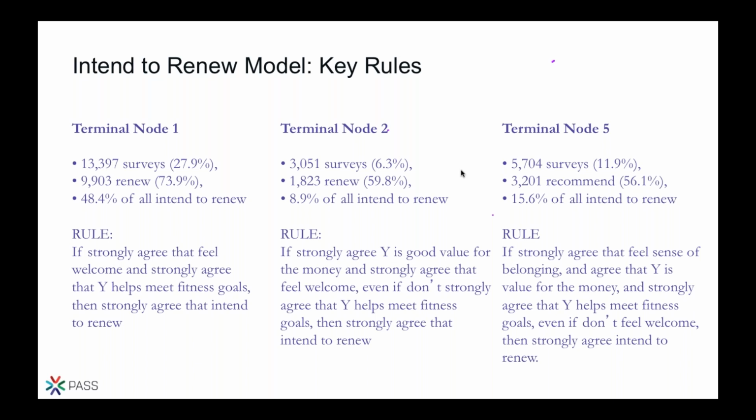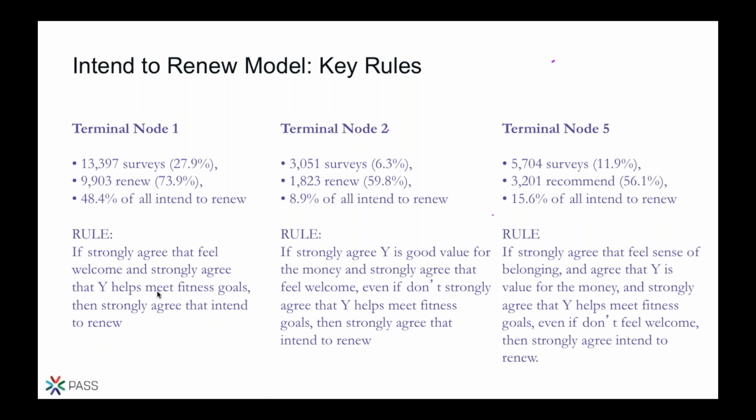However, what they probably didn't know was how influential this was, almost 75% likely to renew if these are true. And what they probably also didn't know is that half of all members who are likely to renew had this characteristic. Phenomenal.